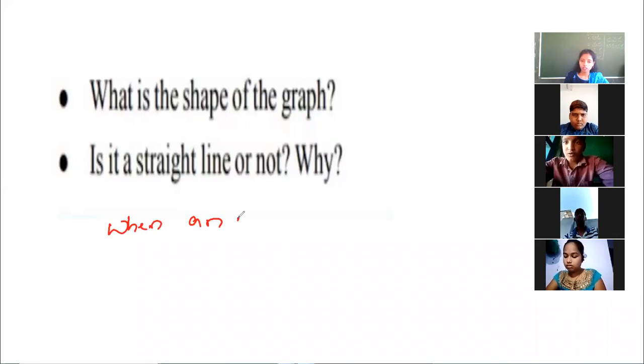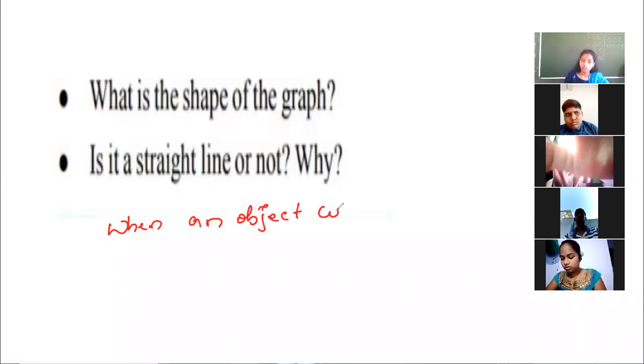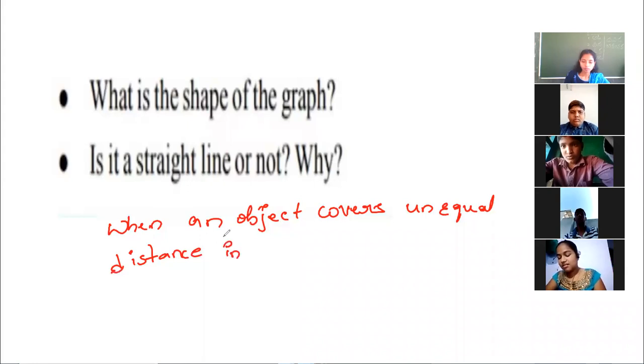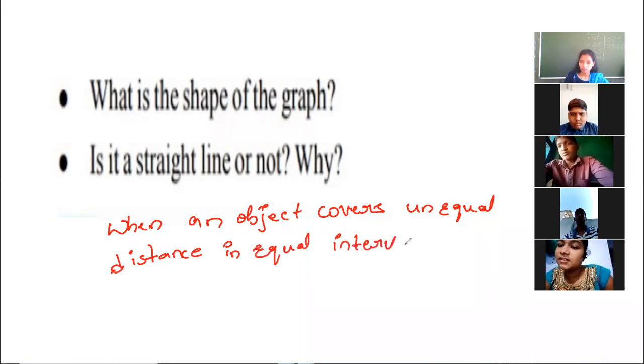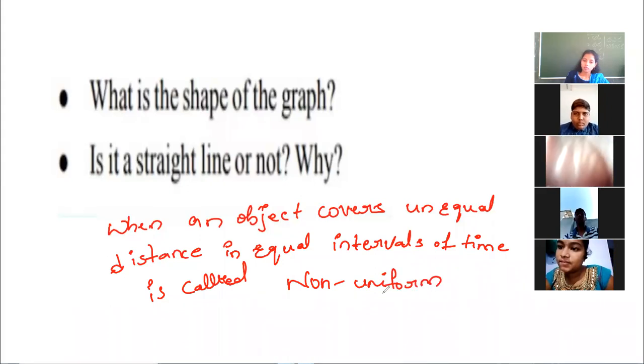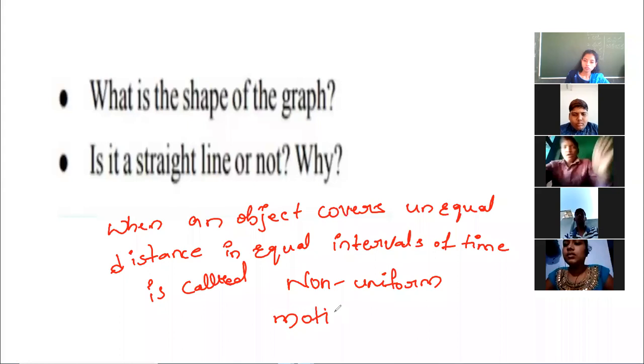So when an object covers unequal distance in equal intervals of time is called non-uniform motion.